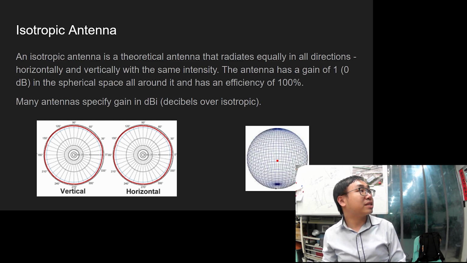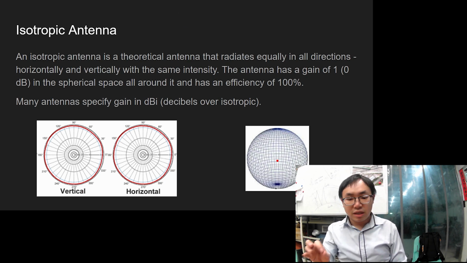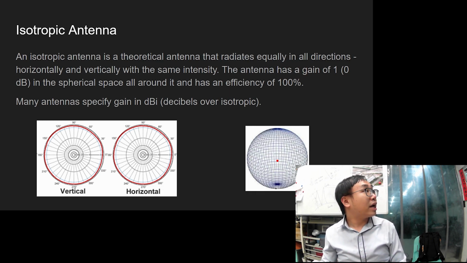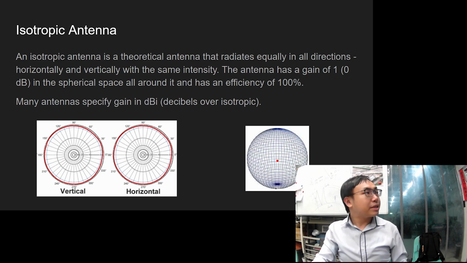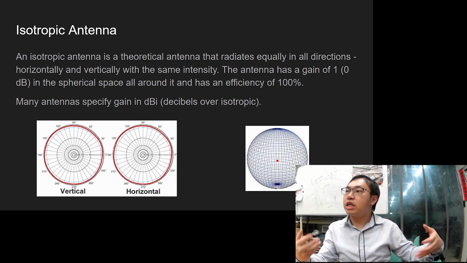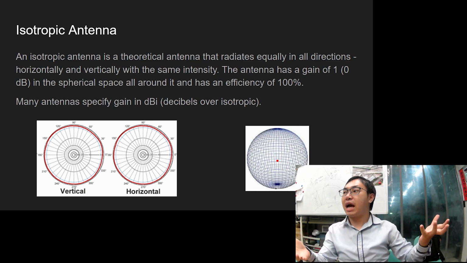So we'll go back to what an isotropic antenna is. An isotropic antenna is a theoretical antenna which radiates equally in all directions, horizontally and vertically. Oh, I'm sorry. This antenna has 0 dBi gain in spherical space, and has an efficiency of 100%.